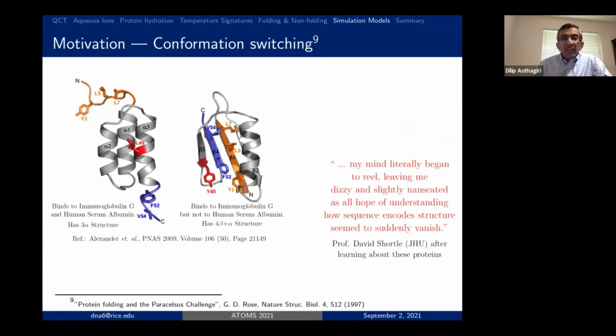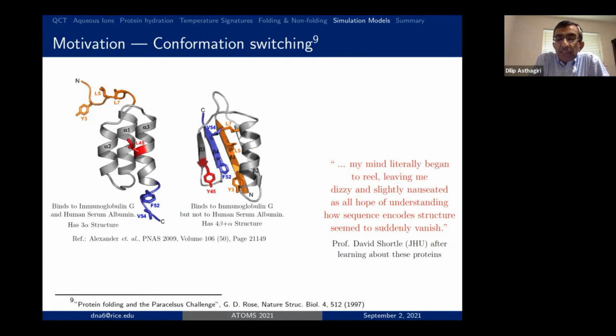The final part of my talk, and this is still ongoing work, deals with peptides or proteins called chimeric or metamorphic proteins. When this study came out, it was a shock to the community: the scientists in this group could take one three-helix bundle, make one residue mutation, and the entire conformation flips.